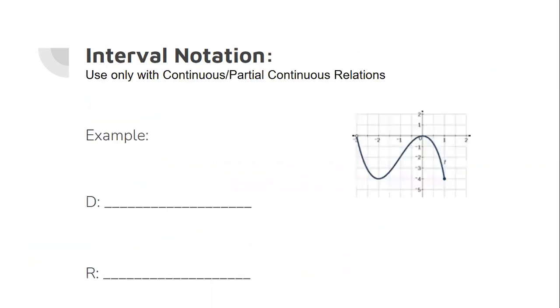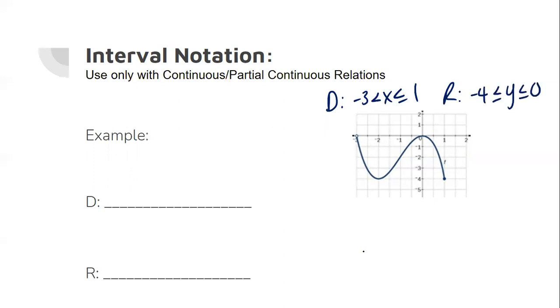All right, so we're going to take the function that we used at the top, and we're going to define its domain and range using interval notation. So above, we said that our domain was from -3 to 1, and our range was from -4 to 0.